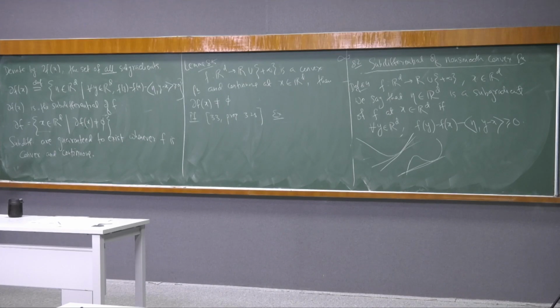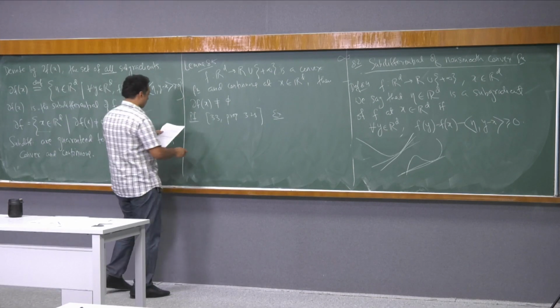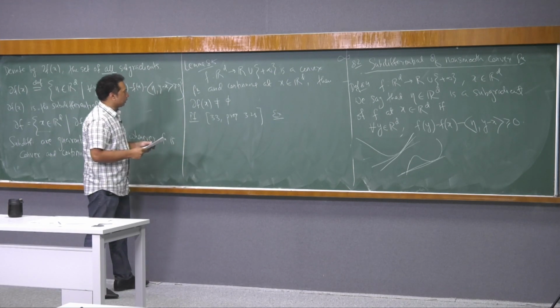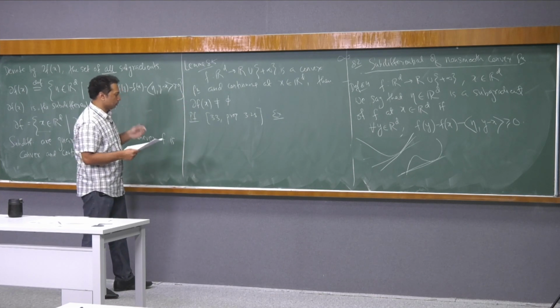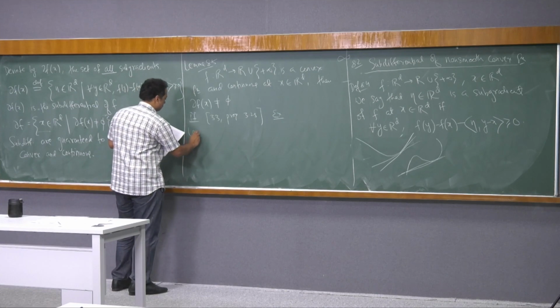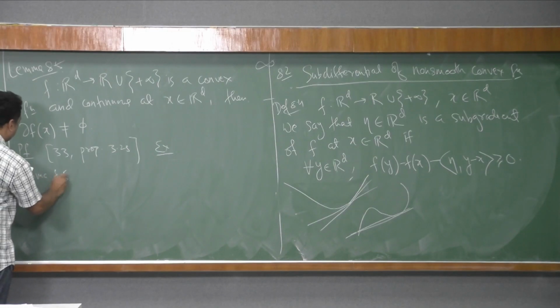And actually we have done this proof before, so this one I will skip, which says that if it's differentiable, then the subgradient is the actual gradient. So this is Lemma 8.6.